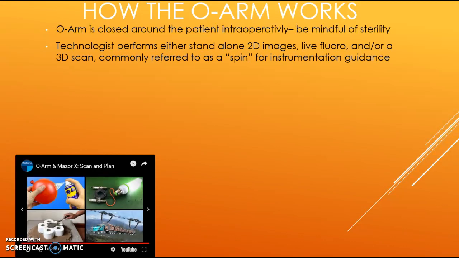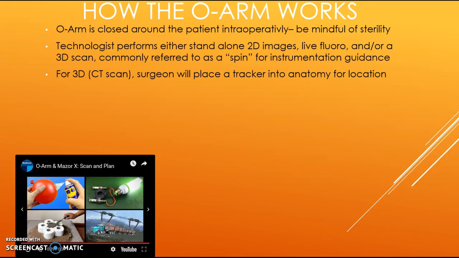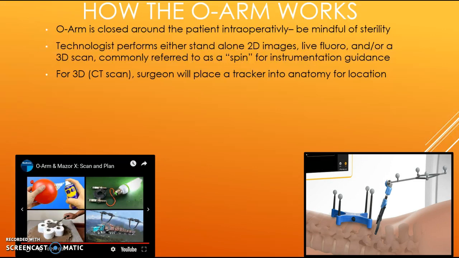Whenever you close the O-arm around the patient, you can at that time perform your standalone 2D images, your live fluoro, or your 3D scan. Your 3D scan is also referred to as a spin. For the 3D scan, the surgeon will need to place a tracker, and it's this thing with these balls.